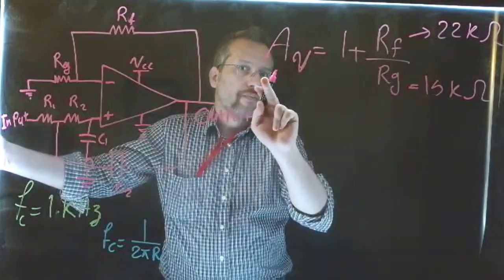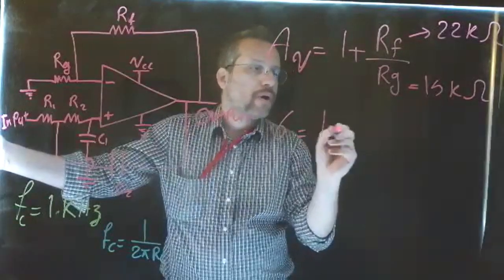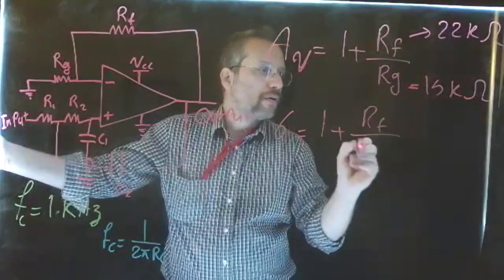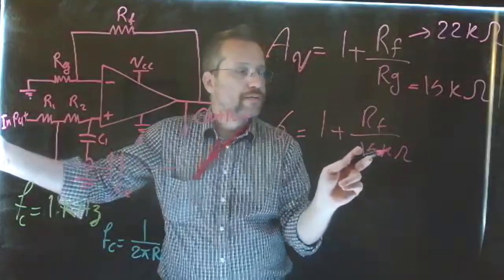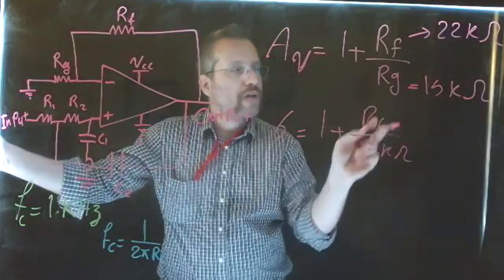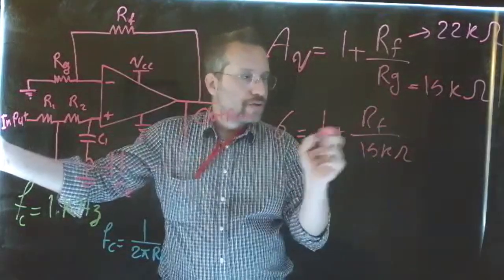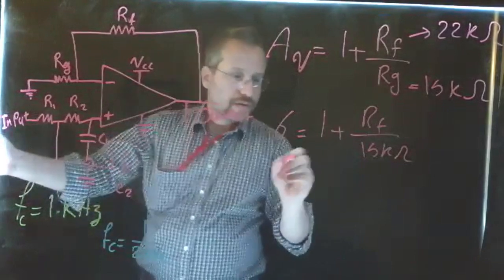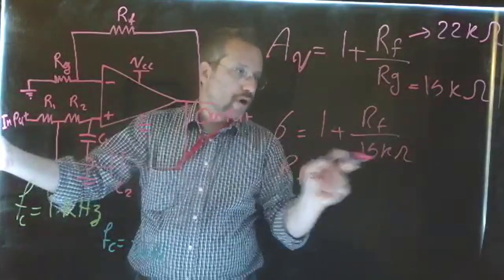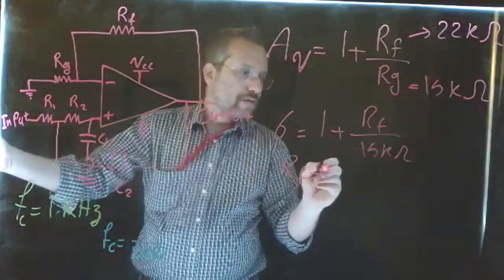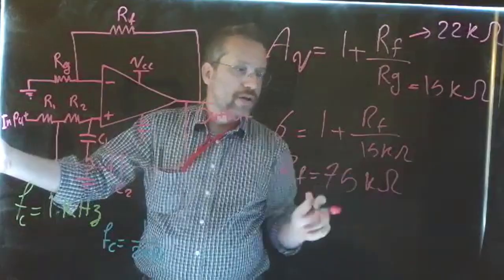6. Okay, so if we want the gain of 6, it is going to be 1 plus RF over 15 kilo. You still need to consider one of the values. We choose one of the resistors and then find the other. So let me calculate, RF will become 5 times 15, which is 75 kilo.